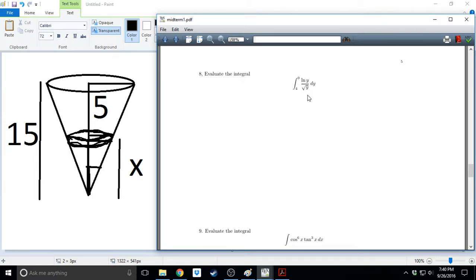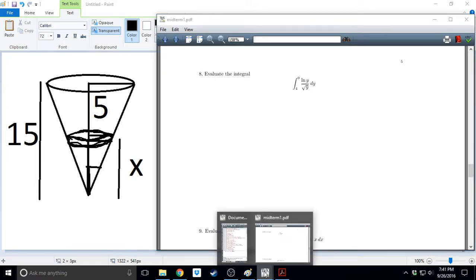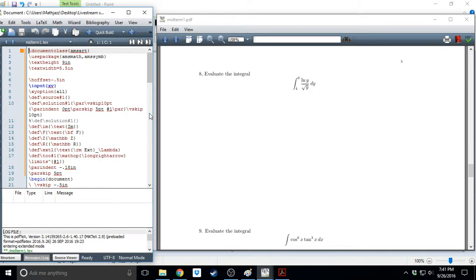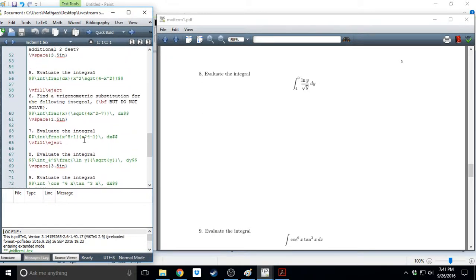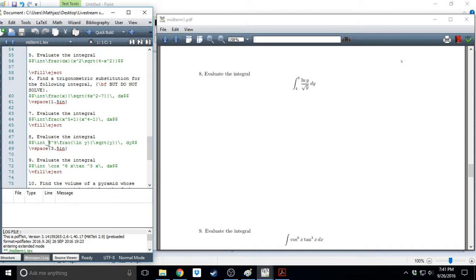The natural log. Okay, so this is going to be a U substitution of some sort. Let's see. Problem 8. Okay. So we want to do this integral. What do we want U to equal?